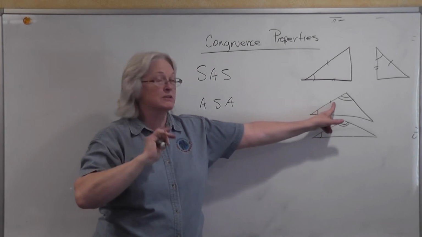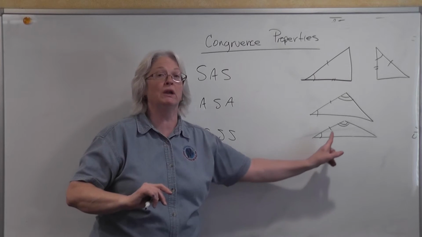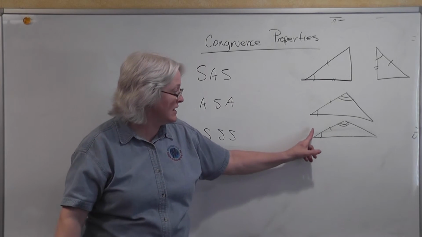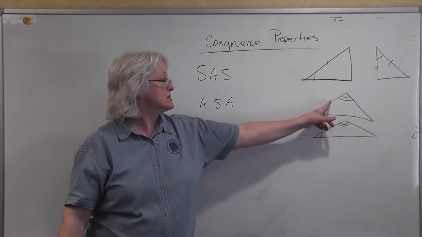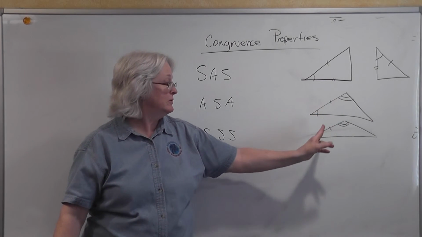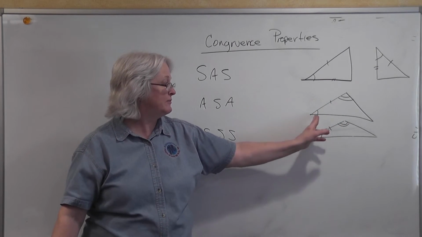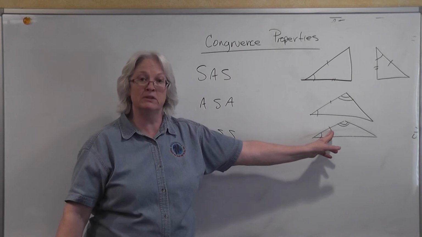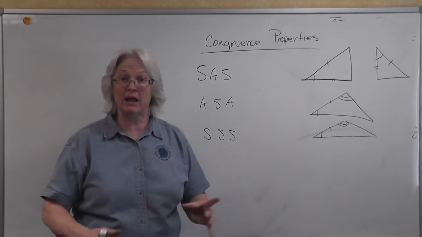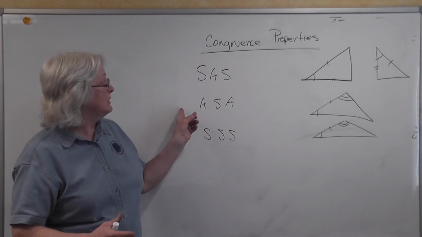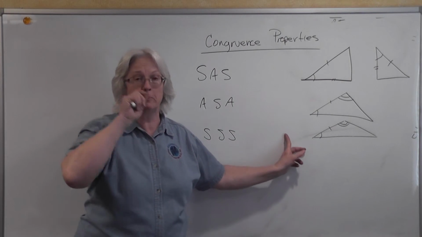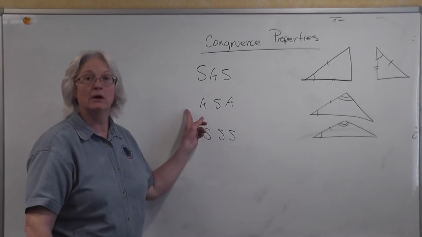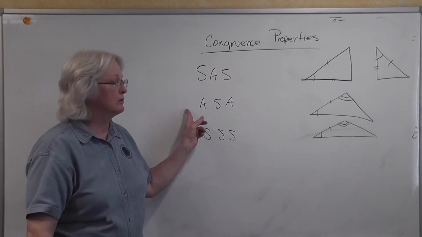We have a side in between the 2 angles. You can't say angle, angle, side. It has to be angle, side, angle. If angle, the included side, and the second angle are congruent, then the 2 triangles here are congruent by what they call the angle-side-angle congruence property.